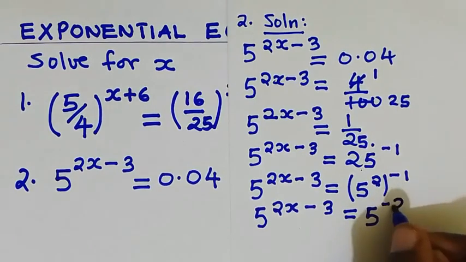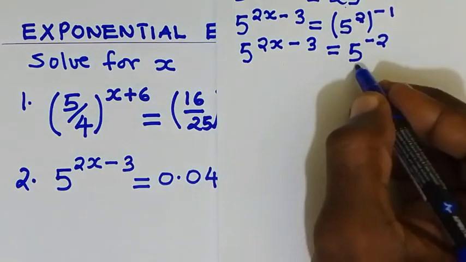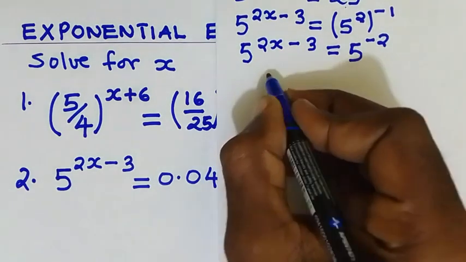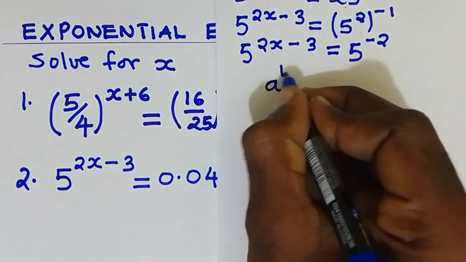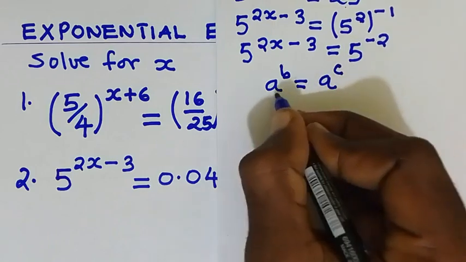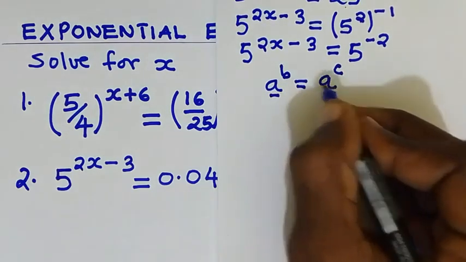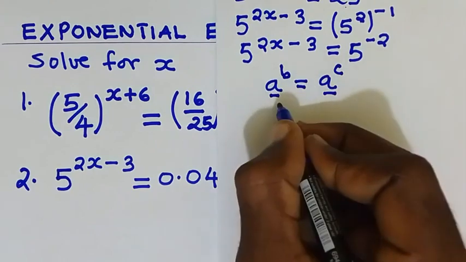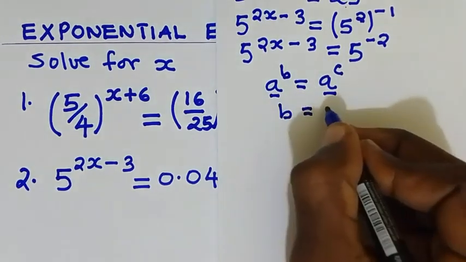minus 2. We have the same base, and we know that if we have a power b equal to a power c, if the base are the same, the power are equal. Now b is equal to c.